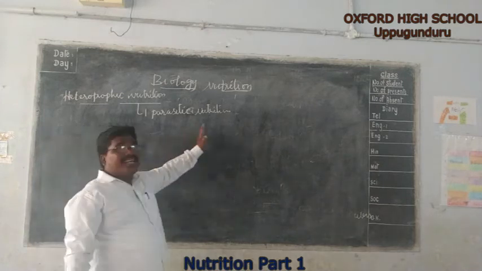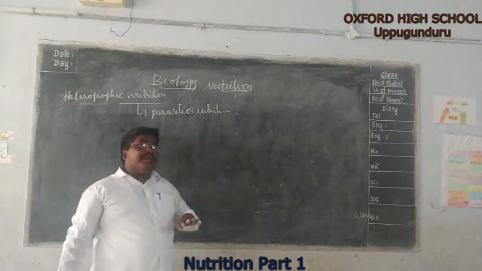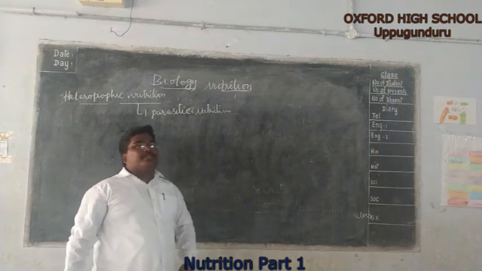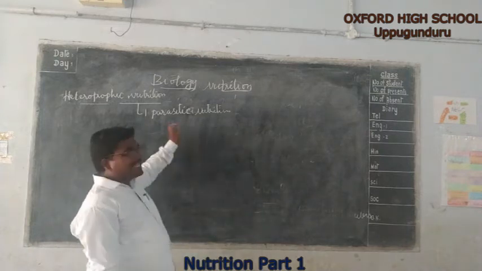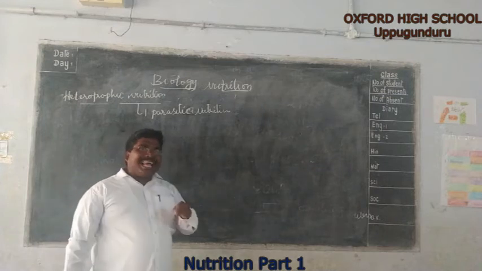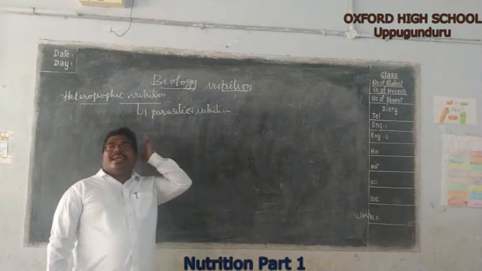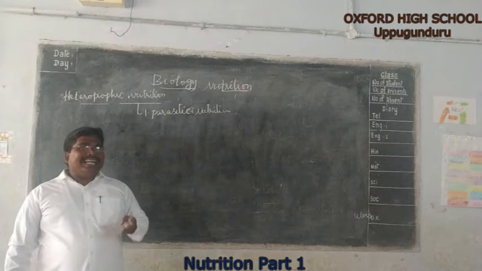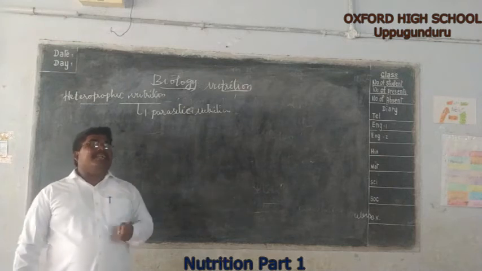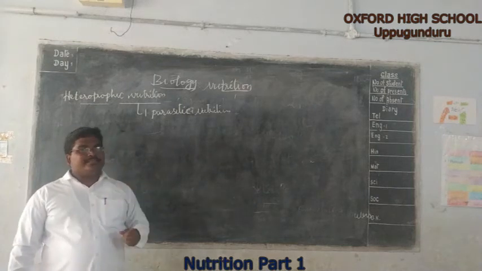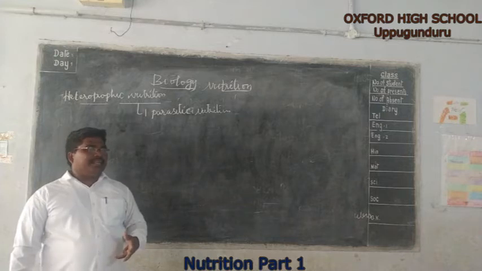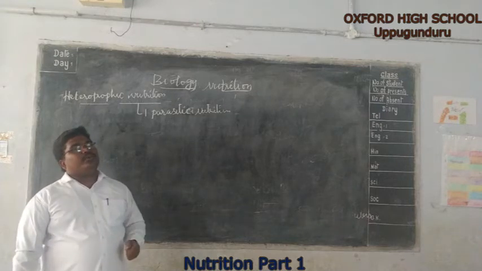Some organisms derive their food materials from plants and animals without killing them. For example, lice, which are present in our hair, and leeches, which suck the blood from animals. Do you understand? And tapeworms also.